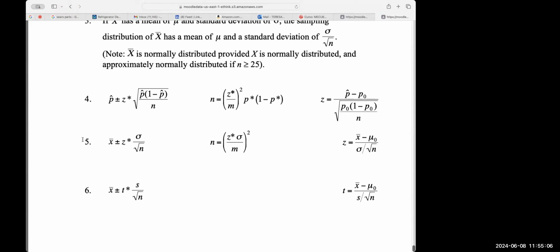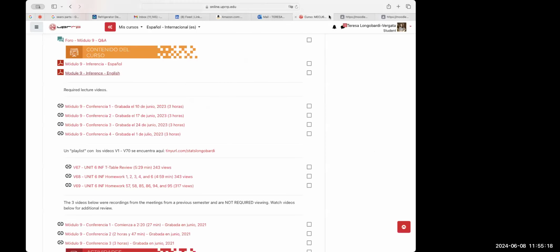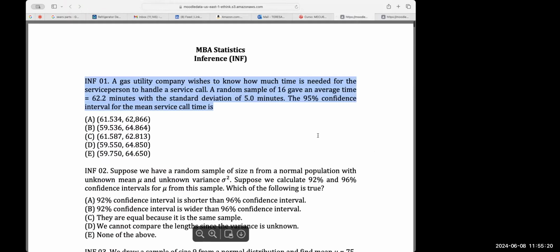Should I be using 4, 5, or 6 for the confidence interval? Which formula should I use? 4, 5, or 6? For this problem? Put it in the chat.